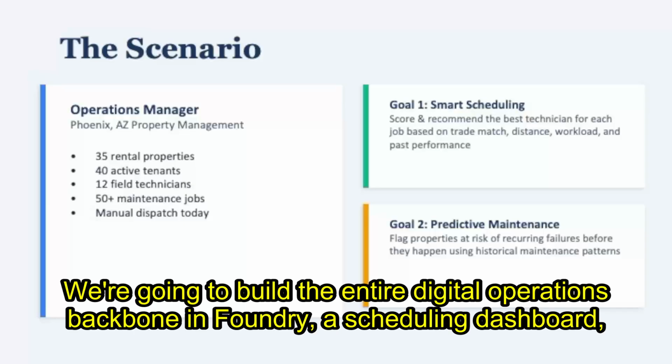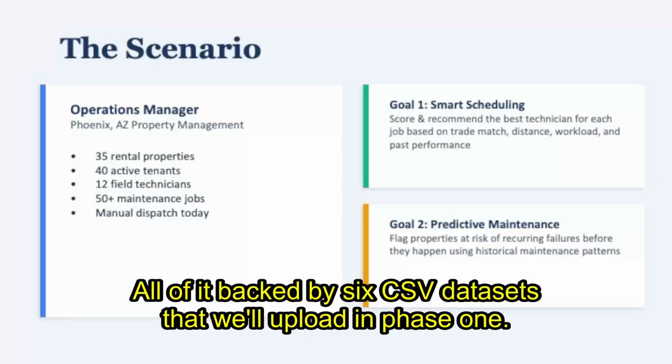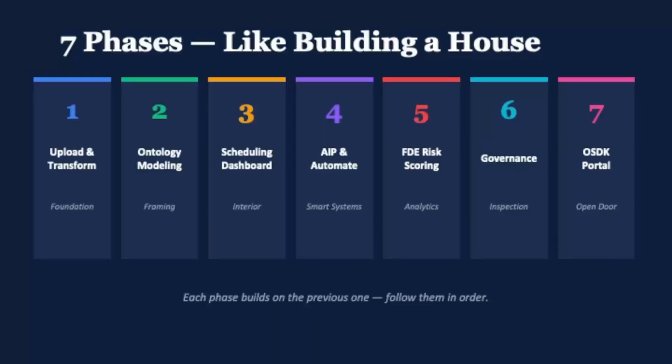We're going to build the entire digital operations backbone in Foundry: a scheduling dashboard, an AI assistant, predictive maintenance scoring, governance controls, and a tenant-facing portal. All of it backed by 6 CSV datasets that we'll upload in Phase 1.